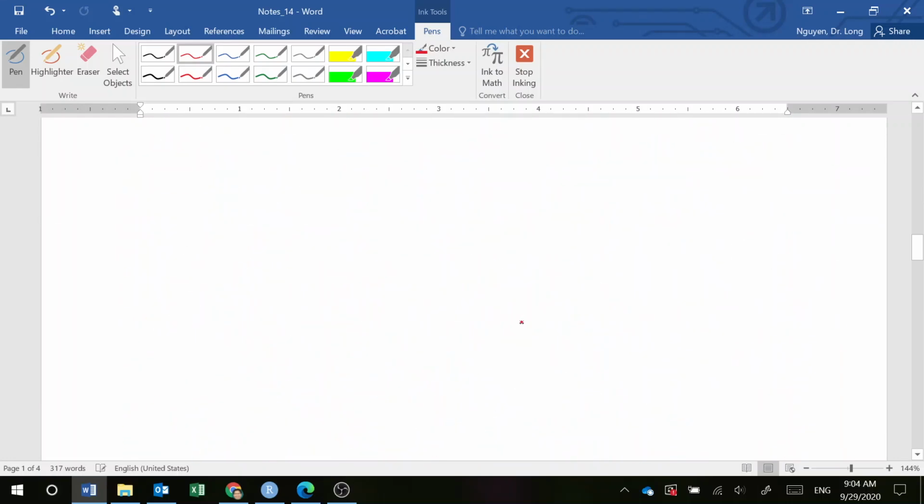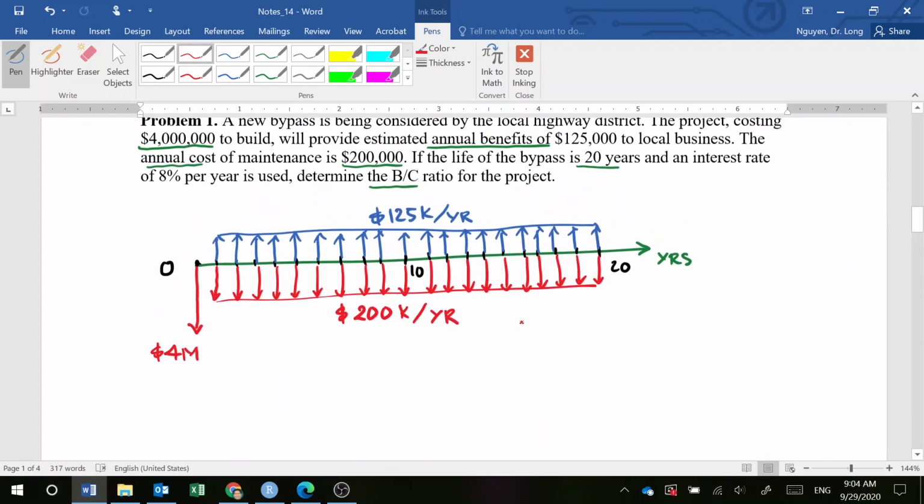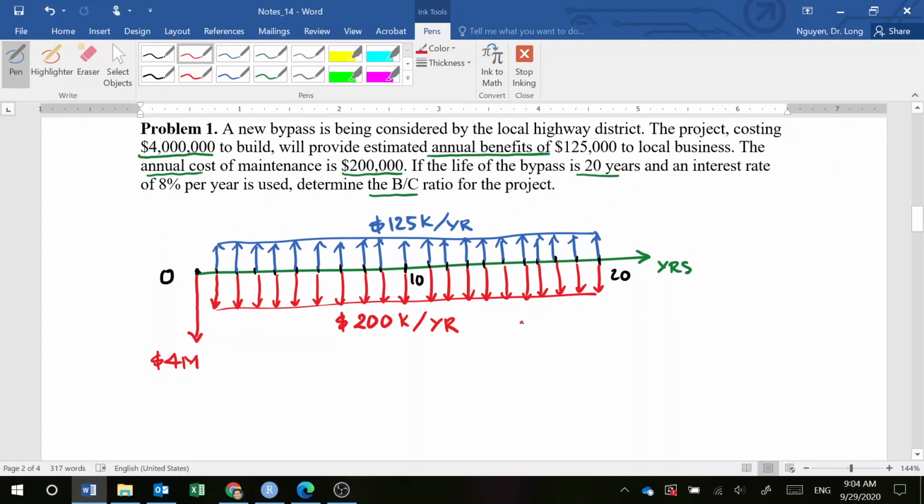Let's go back to this problem. Here I use the annual values on a common unit basis instead of putting everything at time 0, where you could convert 200,000 to time 0 and 125,000 to time 0. That is, given A find P, and compare benefit and cost.